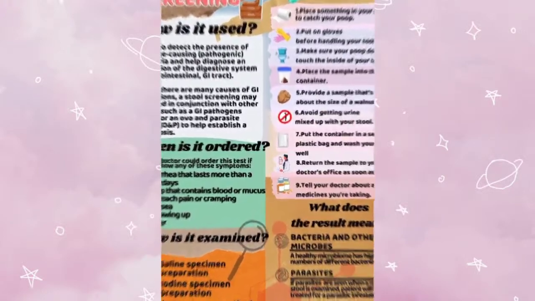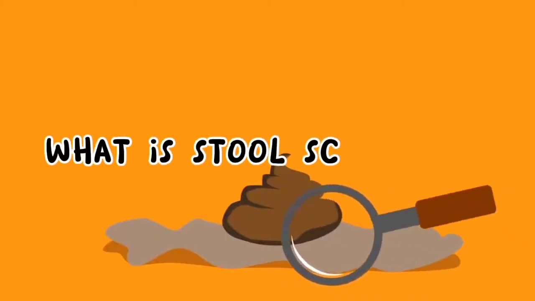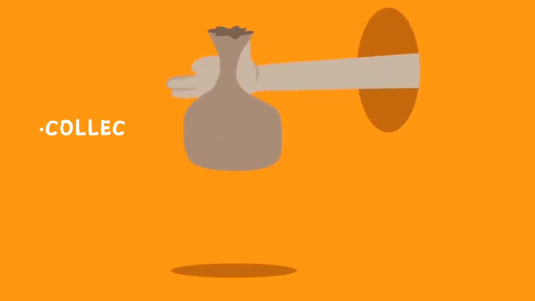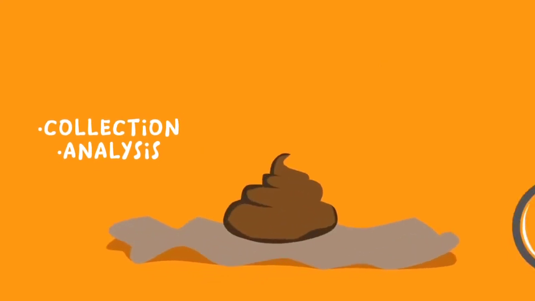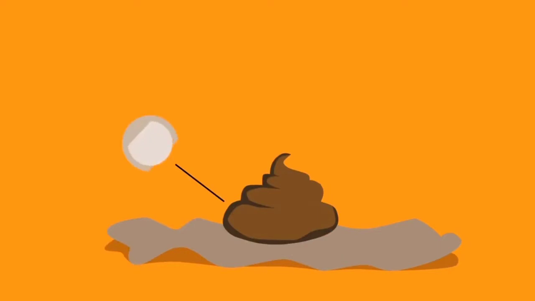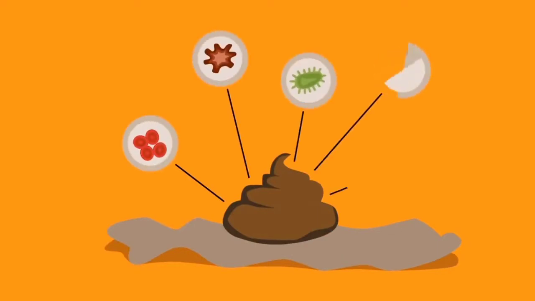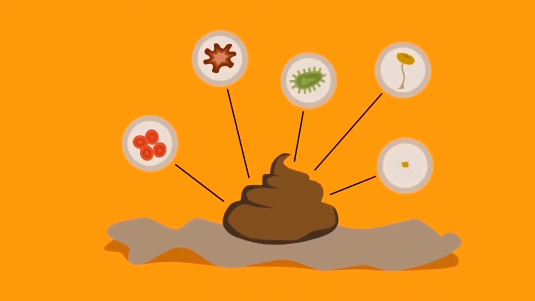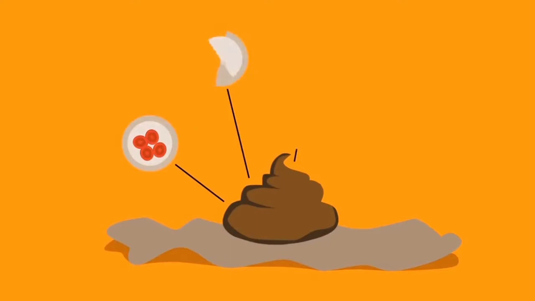But before we start, let us first define what is stool screening. Stool screening involves the collection and analysis of fecal matter to diagnose the presence or absence of a medical condition. It is used to detect the presence of disease-causing microorganisms such as pathogenic bacteria and aid in the diagnosis of digestive system infections, gastrointestinal or GI tract.